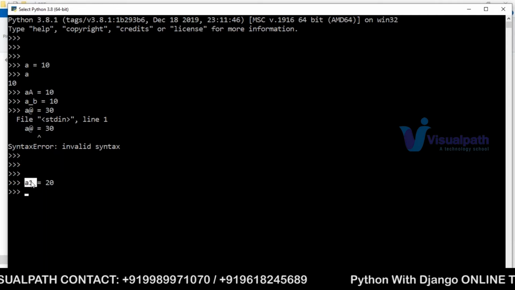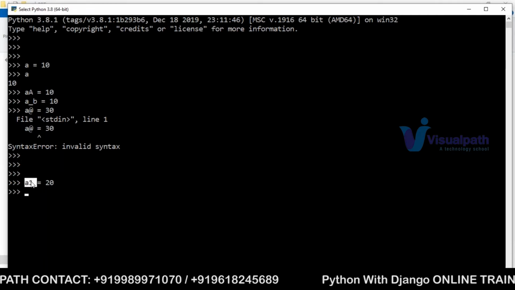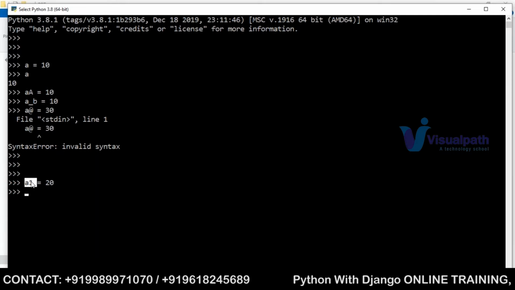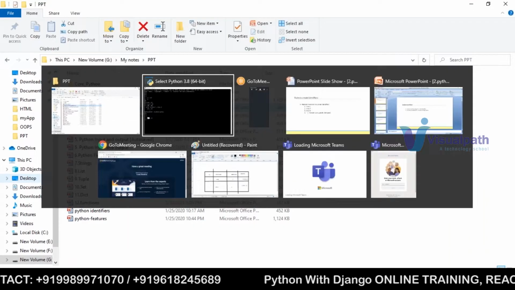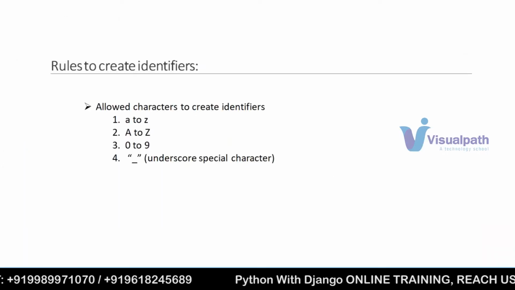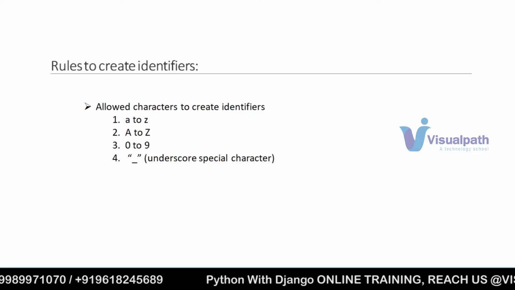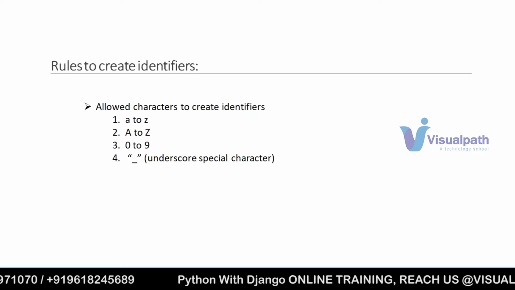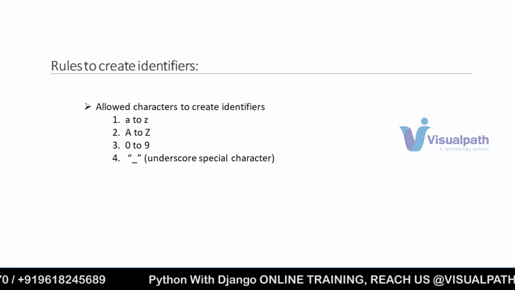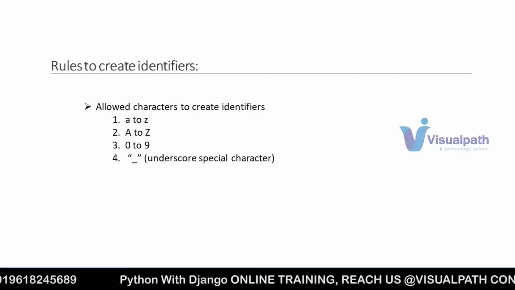Small letters, capital letters, numbers, and the only allowed special character is underscore in order to create any identifier. Done, noted down. This is easy to remember, right? Nothing more here.